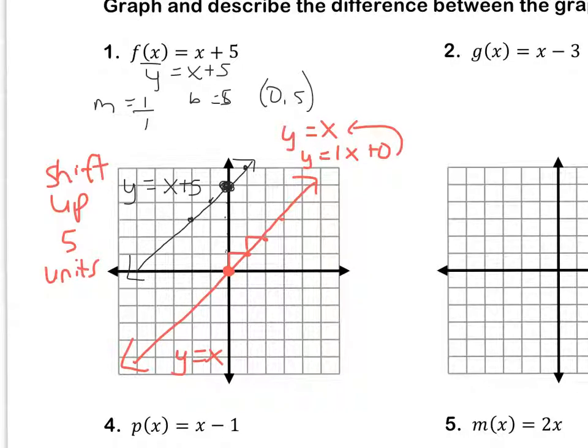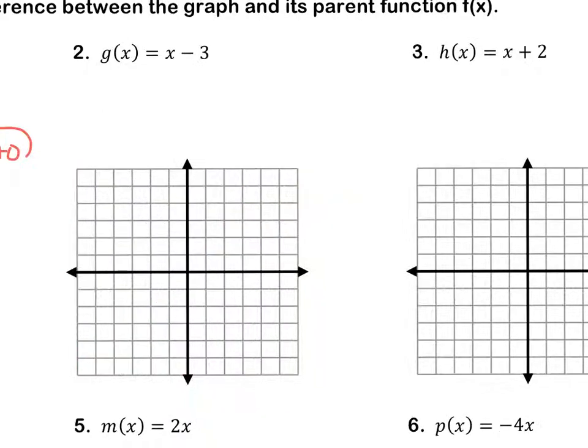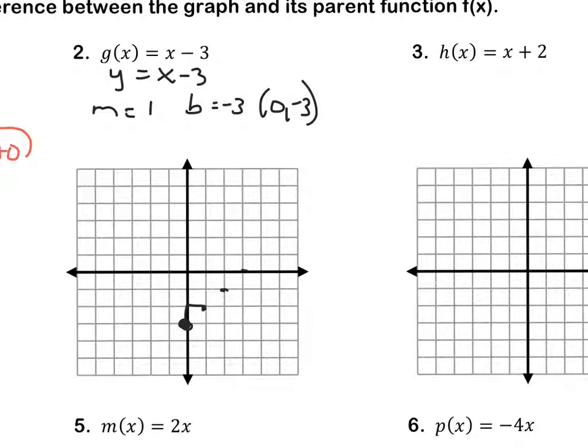Alright, we're going to do the same thing for all of these. So now I have a function here, y equals x minus 3. I have a slope of 1, and I have a b of negative 3. That means I start my graph at 0, negative 3. So I'll put a point right here at 0, negative 3. My slope is 1, which means up 1 over 1, up 1 over 1, and so on.